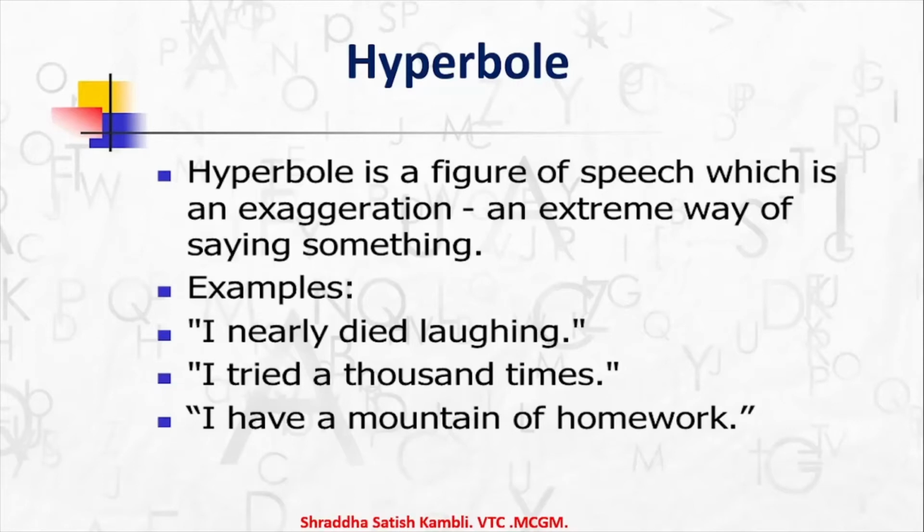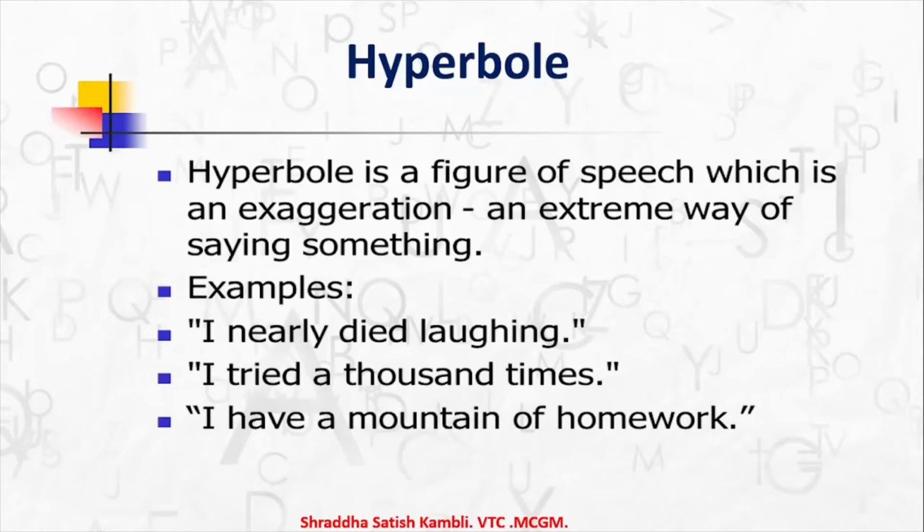We say in Hindi, किसी चीज को बढ़ा चढ़ा के बोलना. Or you also say making a mountain out of a molehill. So it is a small mole, a small piece, but you described it in such a way that someone will feel that it is a big mountain. So that is exaggeration. So what is hyperbole? Hyperbole is a figure of speech where an exaggeration is used.